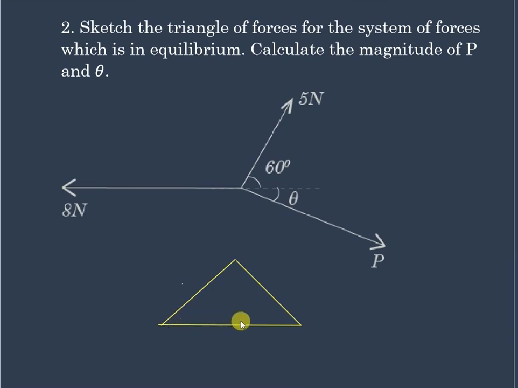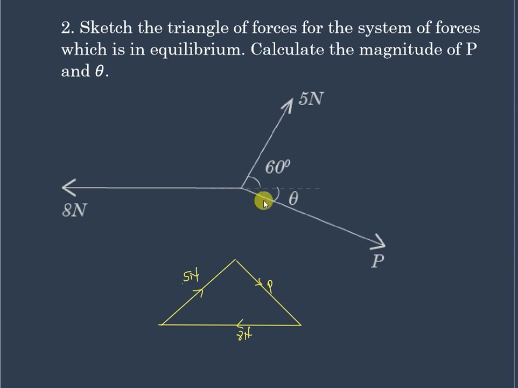So we have 8 in that direction, followed by 5 in that direction, and then P in that direction.